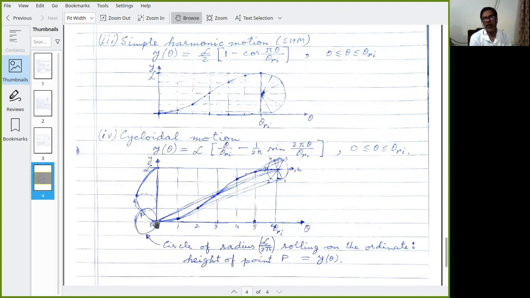The way to construct it graphically is to put a little circle of radius L by 2 pi here, and this is the 0 position and 6 position also. 6, because I have decided to show you 6 segments of this full interval.